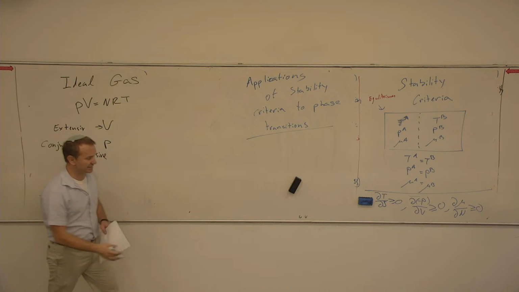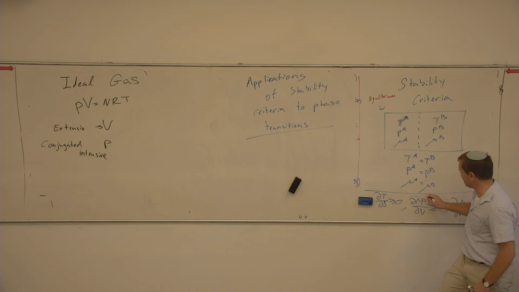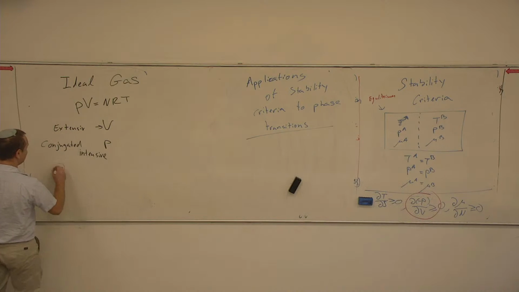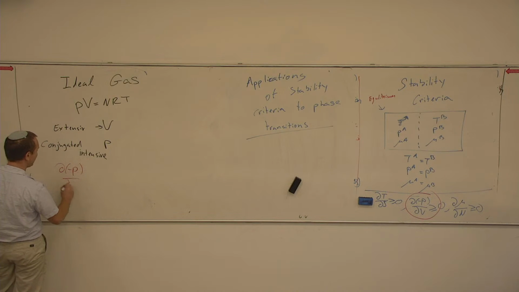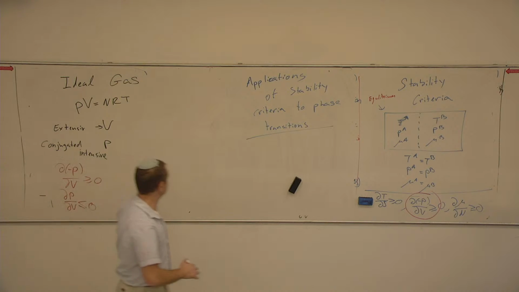They are related somehow, and not just somehow, by this specific relation. So we know that d minus P with respect to dV is greater than 0, meaning that dP over dV is smaller than 0.